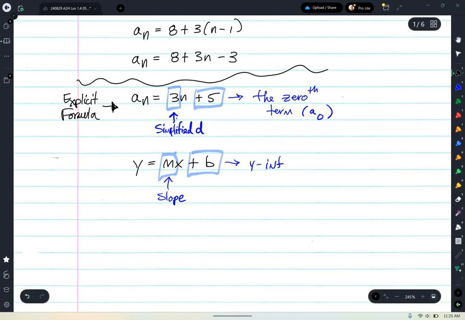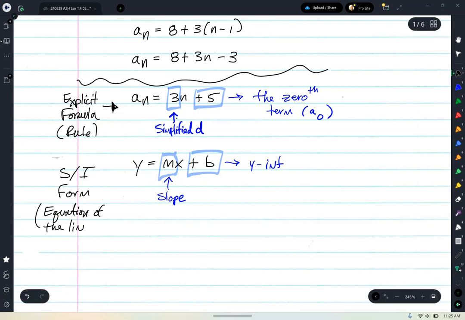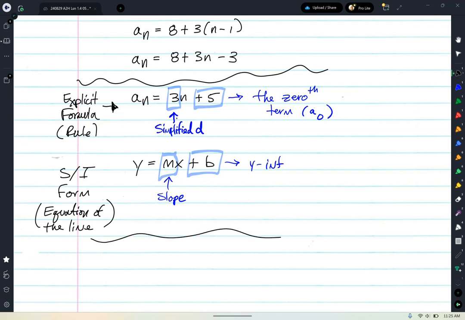So our explicit formula, or we can put here, because sometimes I use this too, explicit rule, is the same thing as our slope-intercept form, which is what we would call the equation of the line, or for that matter, the equation of the function.